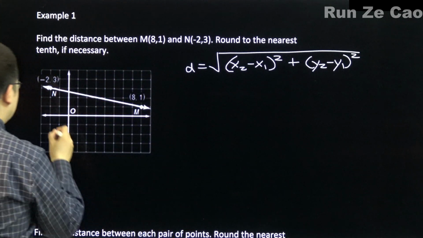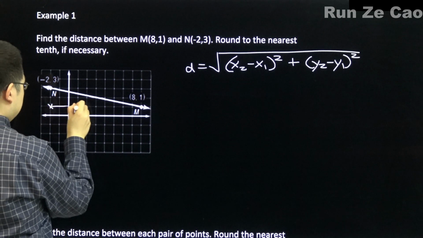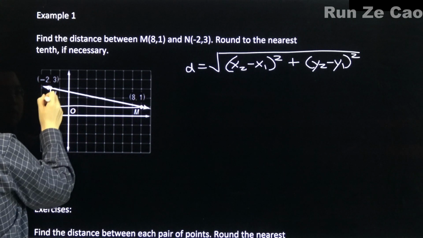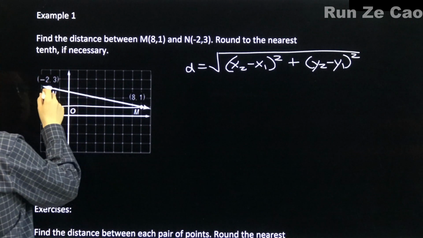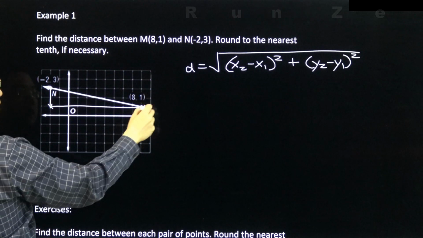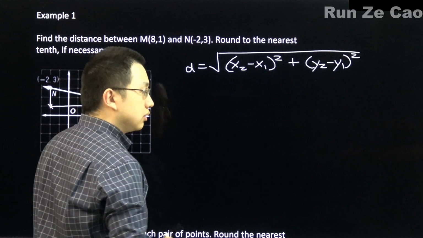So, we're looking at this horizontal distance squared plus this vertical distance squared. If you take the square root of the sum, you end up with the length of the hypotenuse.